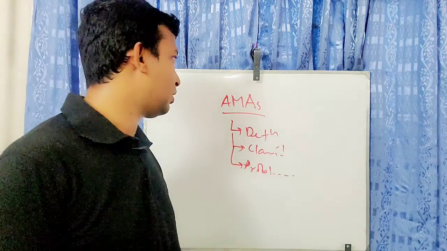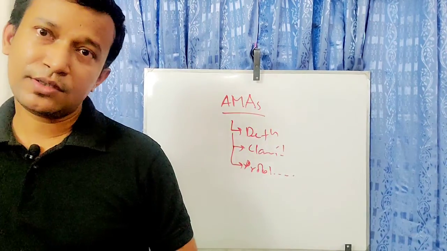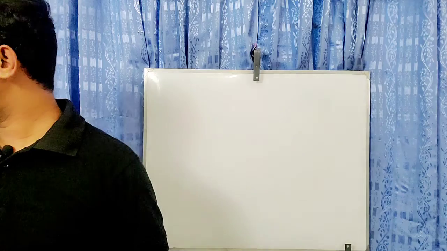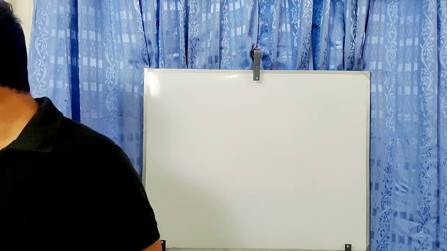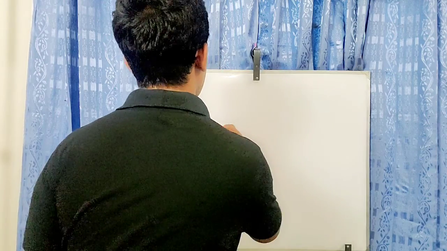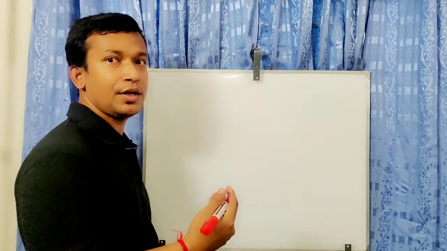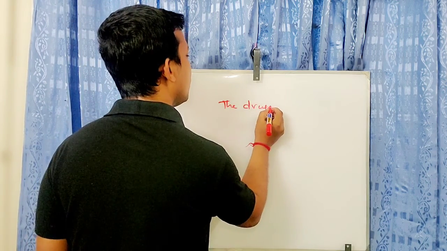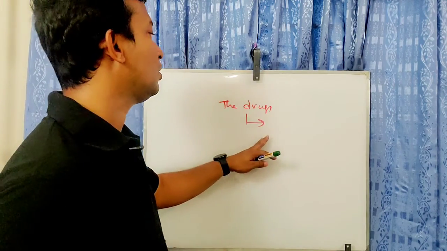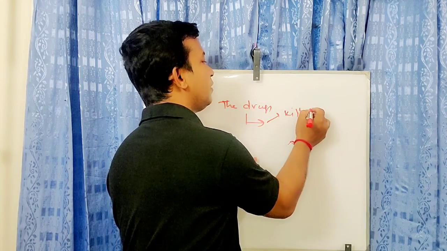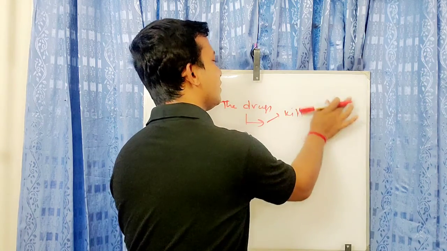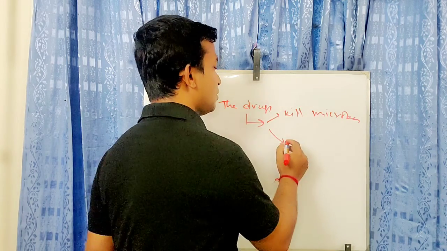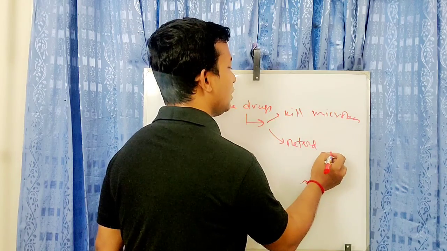First of all, the definition of antimicrobial agents is very simple. Antimicrobial agents or antibiotics mean the drugs that either kill microbes, not specifically bacteria, microbes, or retard their growth.